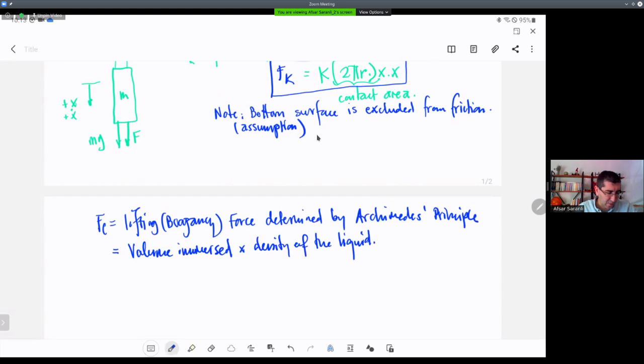Okay, so volume immersed, the density, and the gravitational acceleration. So the principle states that the force will be equivalent to the gravitational force exerted by how much liquid is actually displaced.